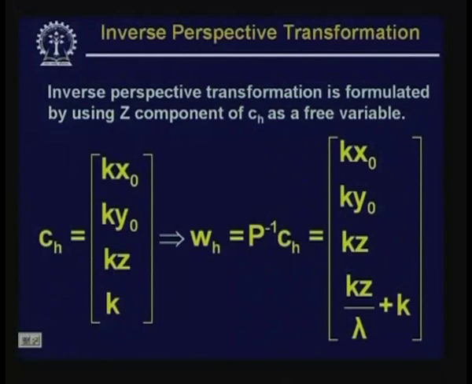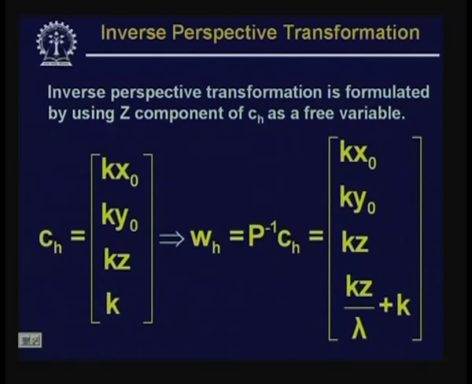So, by using the inverse perspective transformation, even if we can't get exactly the 3D point, at least the inverse transformation matrix should be able to tell me which particular line maps to this point x naught, y naught in the image plane. So, let us see whether we can have this information at least. For doing this, in the earlier case, when we converted the image point x naught, y naught to the homogeneous coordinate, we took k x naught, k y naught, 0 and k.